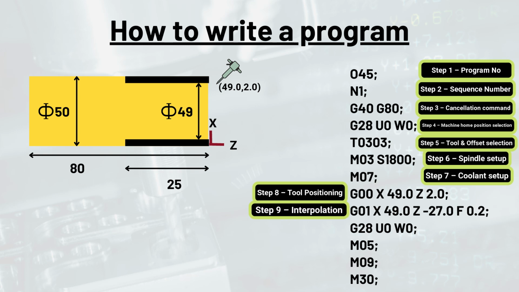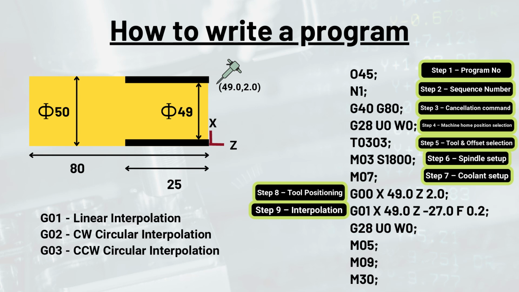The next step is the interpolation. In this step, we decide the deciding command between G01, G02 and G03. G01 is for linear interpolation, G02 is for clockwise circular interpolation and G03 is for counterclockwise circular interpolation.